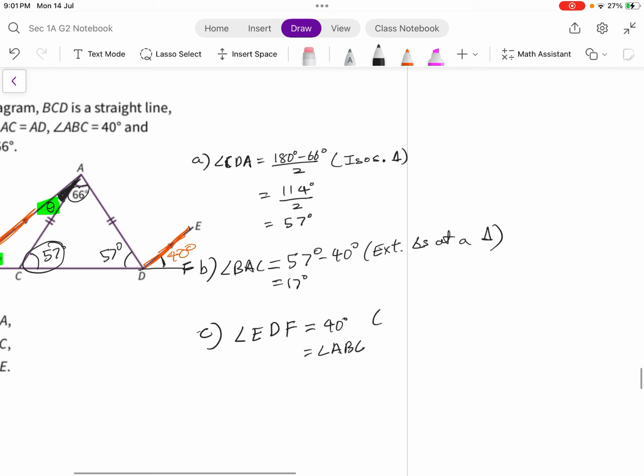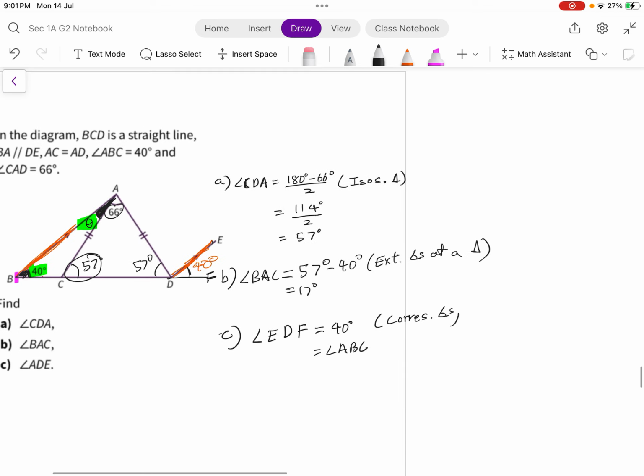Reason being, corresponding angles, CORRS. Why? Because AB is parallel to ED.